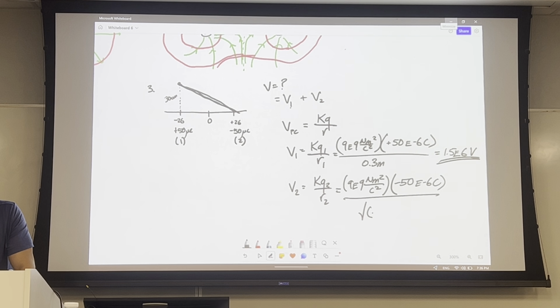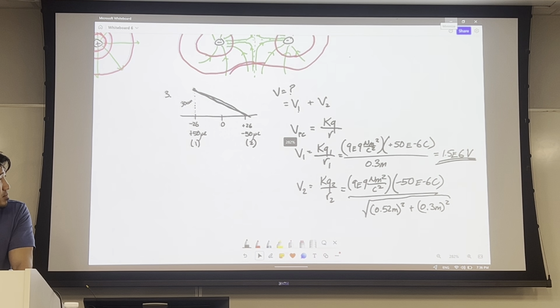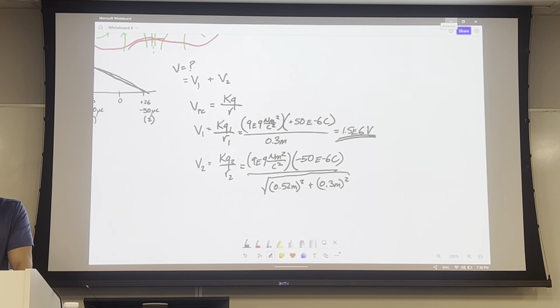I'll pre-convert to meters. 0.52 meters squared plus 0.3 meters squared. That entire thing square rooted. And if you do that, you'll get a value of negative 7.5 times 10 to the 5th volts.